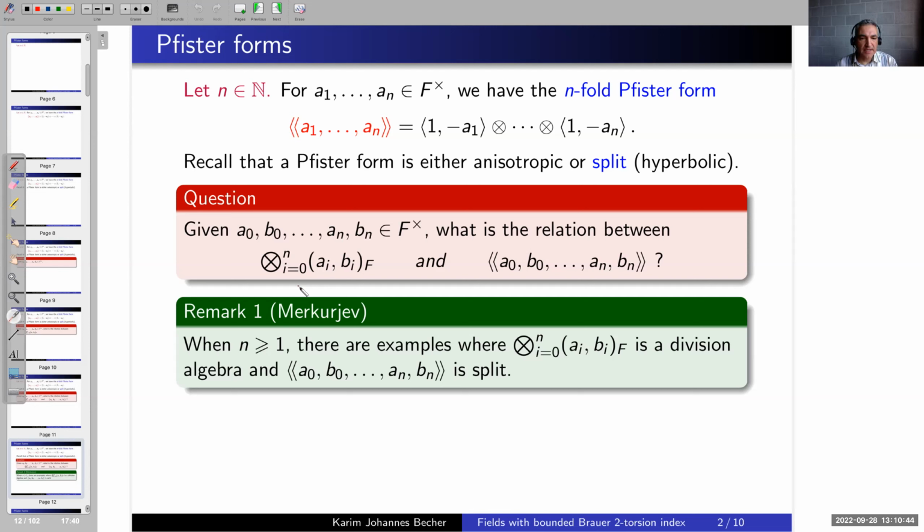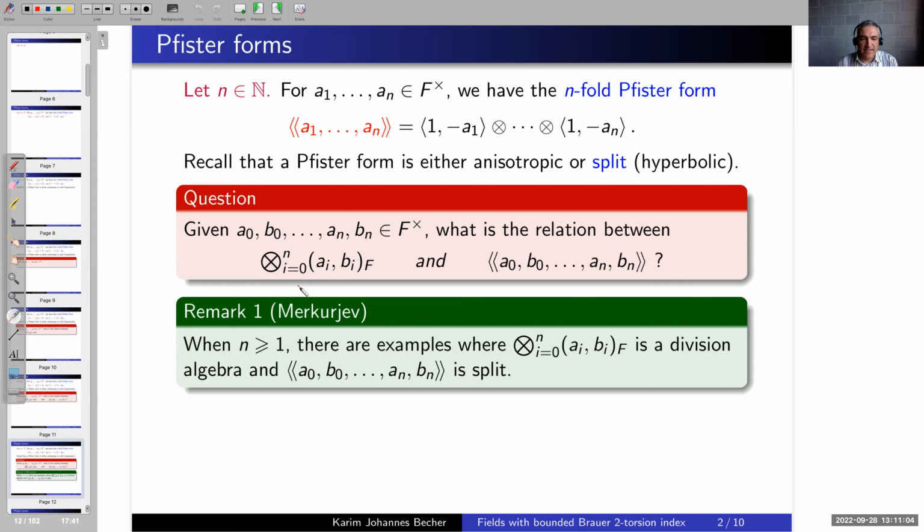Now, on the other hand, can you maybe reason in the other direction? Could you say that if this tensor product of quaternion algebras is trivial or very close to trivial, then the Pfister form is also split?